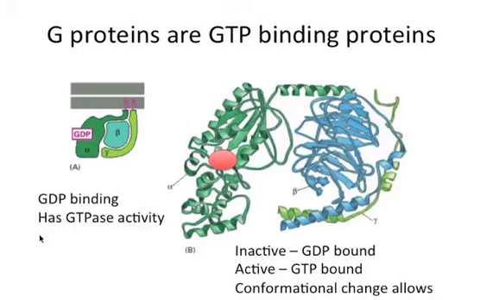So I said they're GTP binding proteins, right? So that means that they can be GDP bound and they're off, or GTP bound and they're on, and so they have an intrinsic GTPase activity. What does GTPase activity mean?